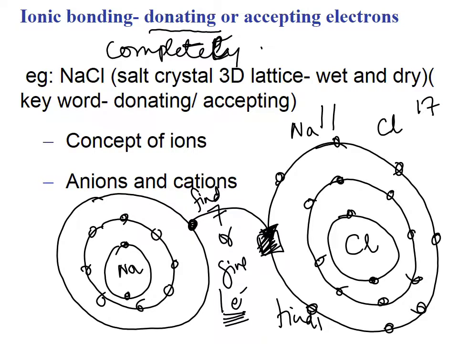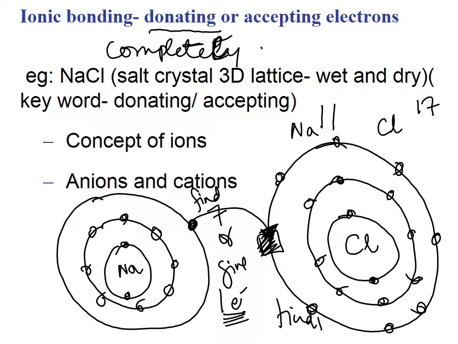What is the outcome of that? Sodium has now got a stable last orbital, which has a stable number of electrons, which is 8 electrons. But what is the result of this kind of donation?